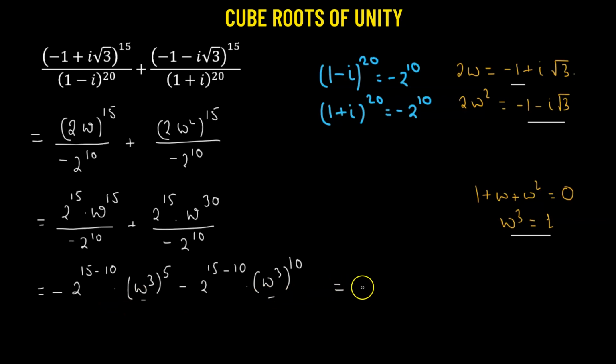So this is going to give us -2 raised to the power of 15 minus 10, which is 5, times 1, minus 2 raised to the power of 5 times 1. So that means this is going to equal -64, because 2 raised to the power of 5 is 32. So this is the value of this particular expression, -64.